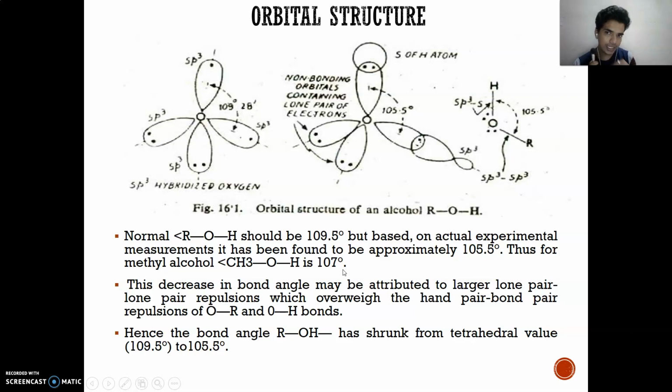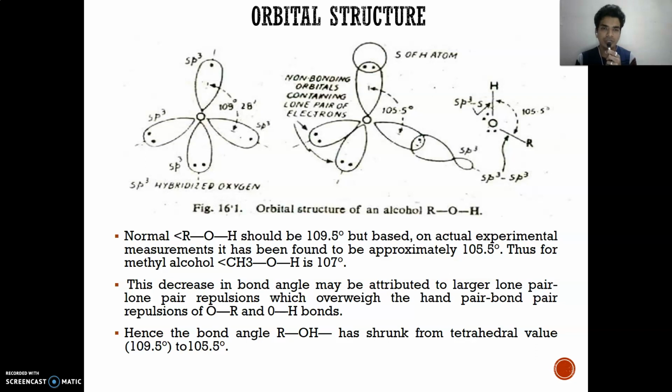This decrease in bond angle may be attributed to the larger lone pair-lone pair repulsion, which outweighs the bond pair-bond pair repulsion in OR and OH.